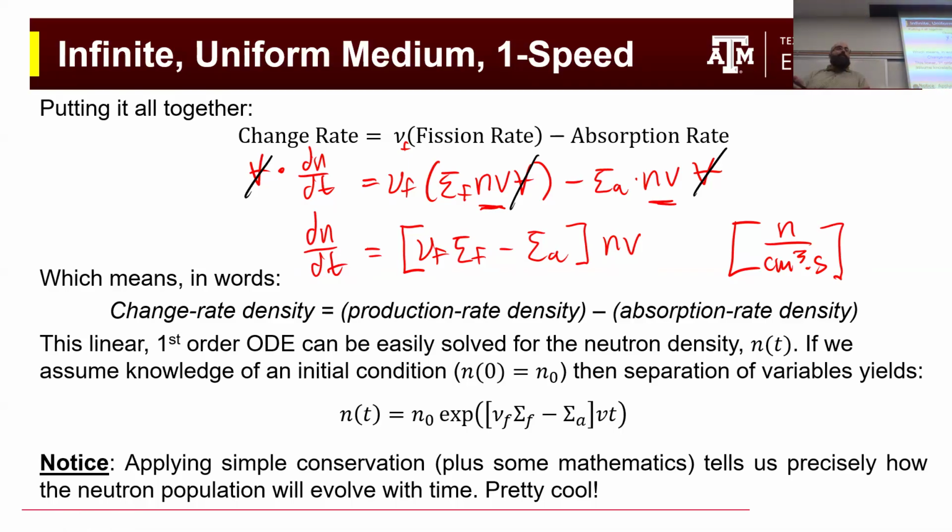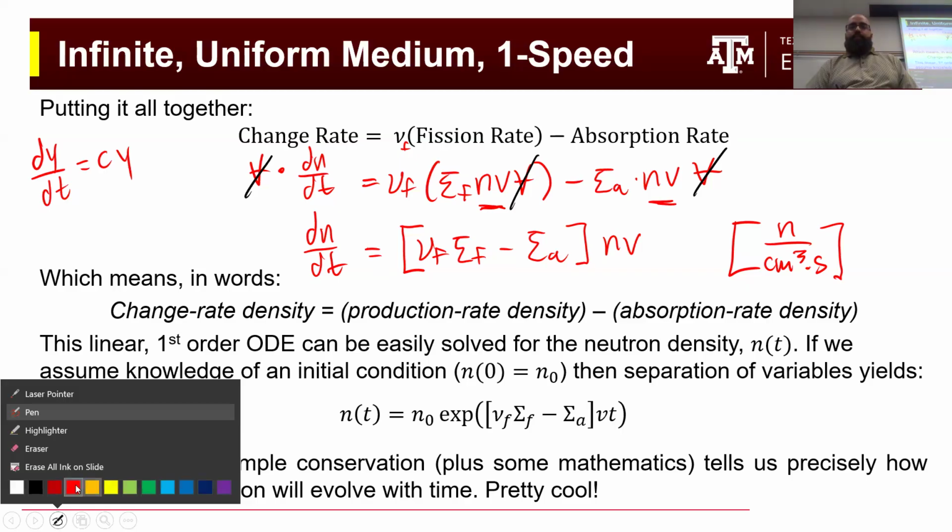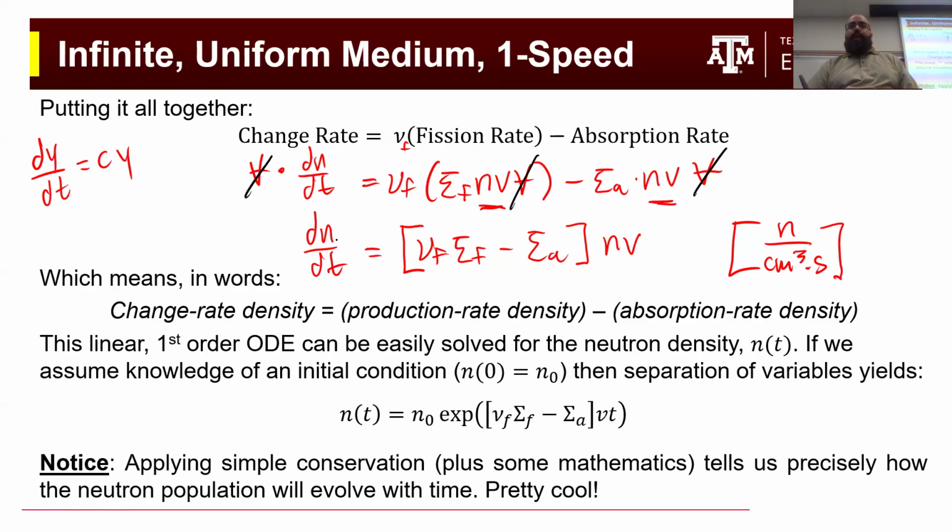And this differential equation might look complicated, but it's basically like dy/dt equals a constant times y, right? All of this stuff in front of the quantity n is the variable that we're solving for, and all of this stuff that's being multiplied by the neutron density is just a constant.